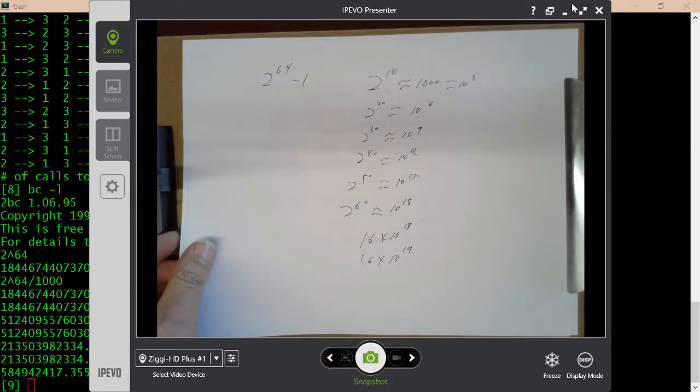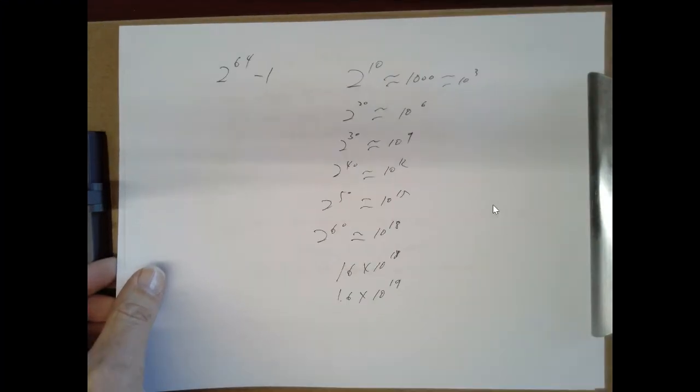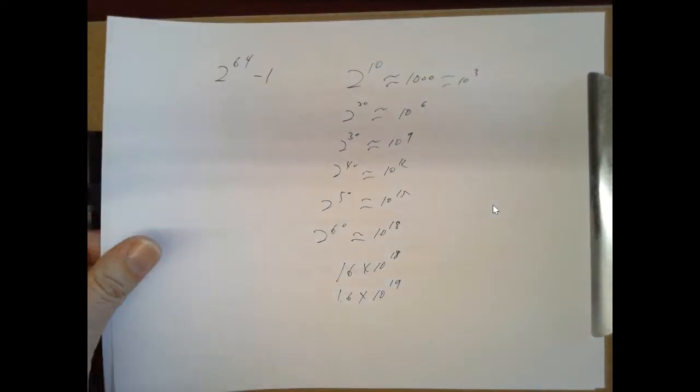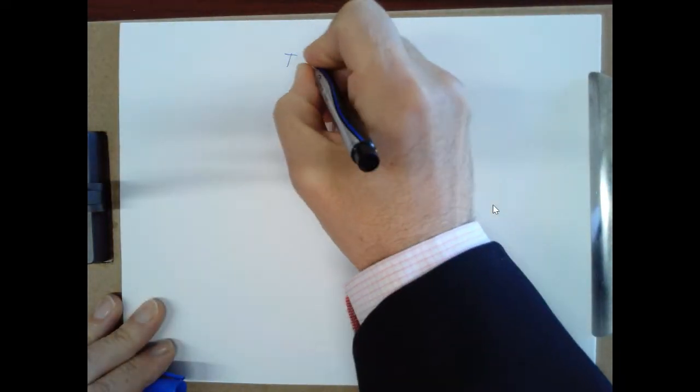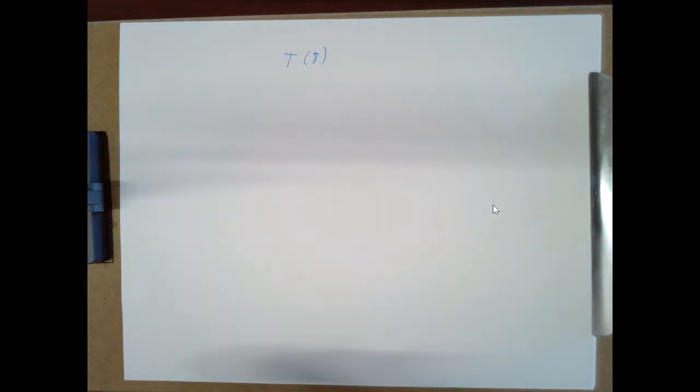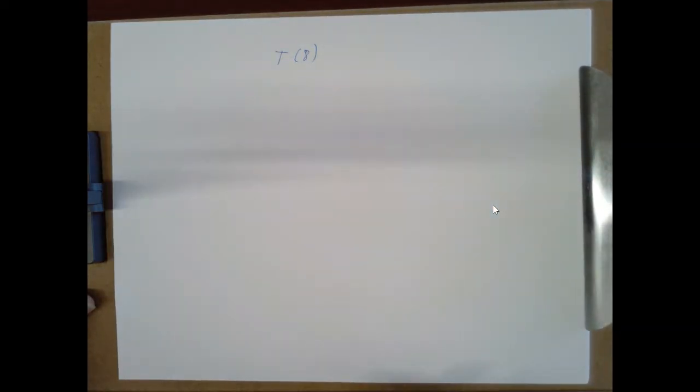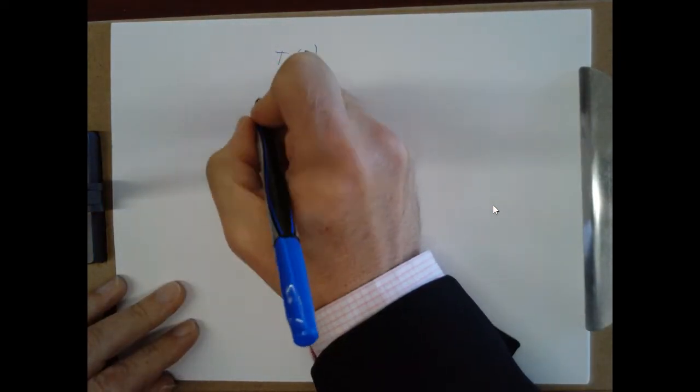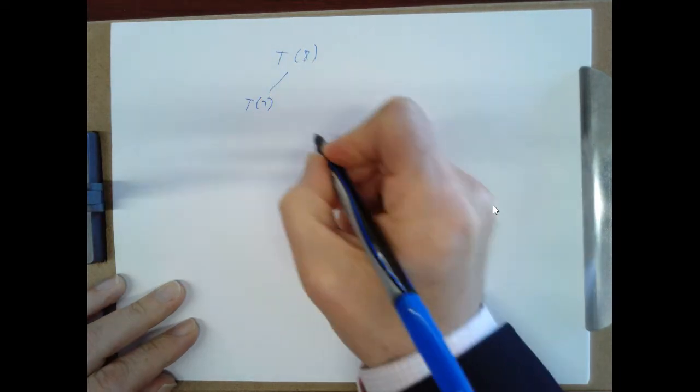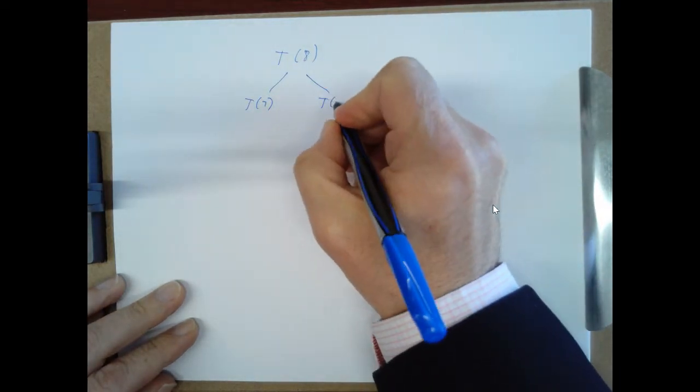So what's happening with this recursion? You want to solve the 8-disk Tower of Hanoi problem. To do that, you need to solve a 7-disk problem, and then you need to solve a 7-disk problem again.